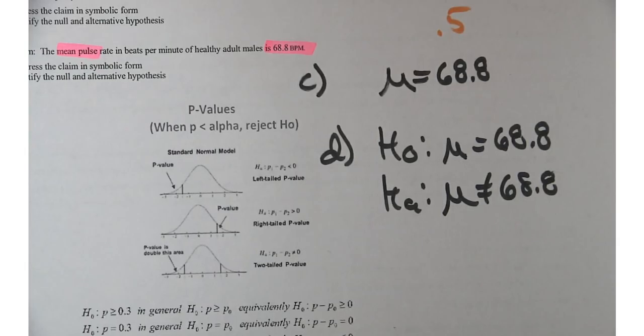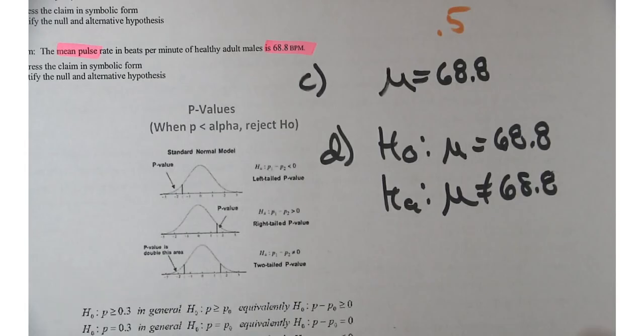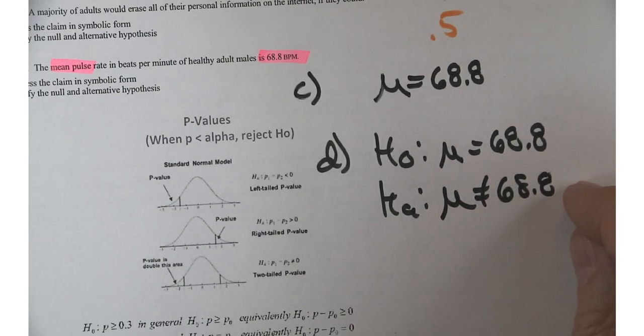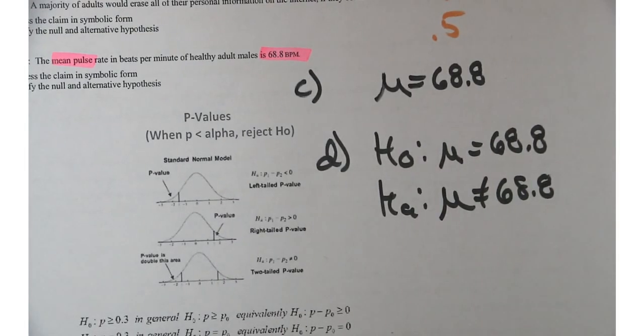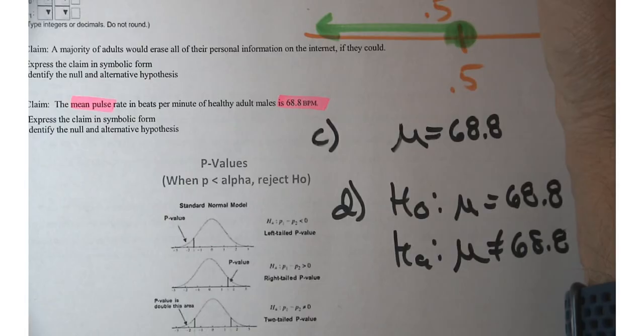We're going to get some more practice with that. But one of the things that's going to help us decide, where we're going to go with this in terms of, do we believe the null hypothesis or do we think that the alternative hypothesis is true, is working with something called a p-value. So let's move on and work with p-values next.